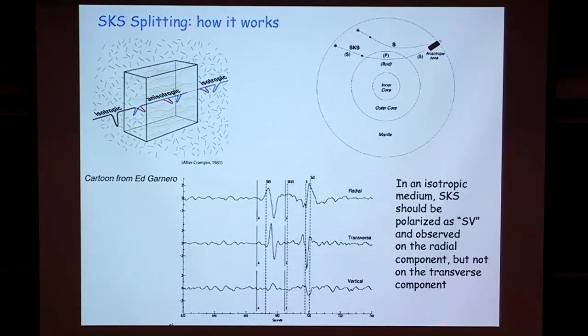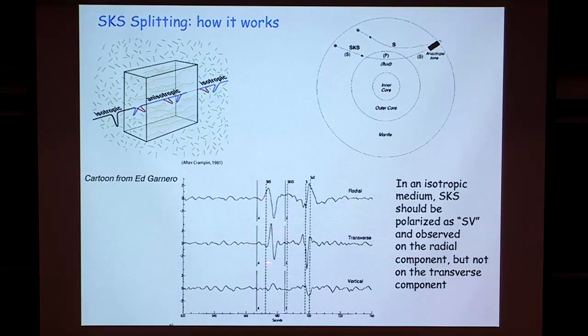Originally it would be two seismometers, one north and one east, but you can always rotate them to the one that's in the direction of your propagation, so in the vertical plane that contains the source and the receiver, and the orthogonal plane. If the wave is SV polarized, you will not see any signal on the transverse component. So you should see SKS only on this component.